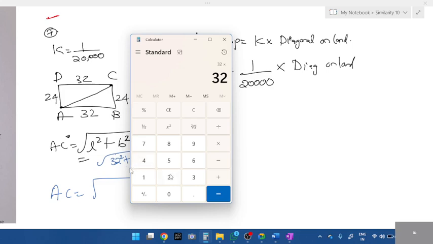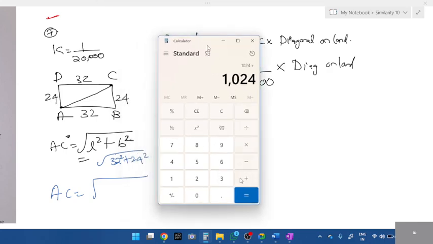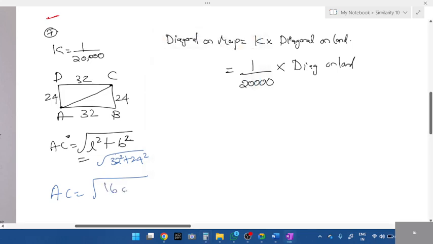Yes, you have to multiply 32 into 32. 1024 plus 24 square, which is 576. That is 1600, students.